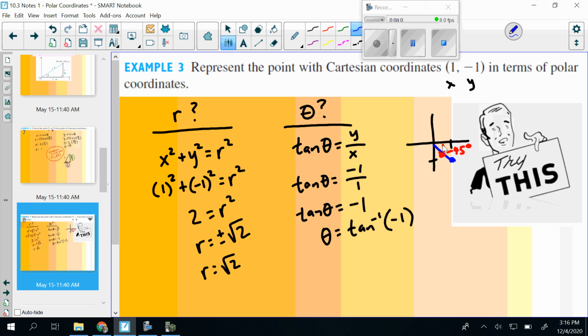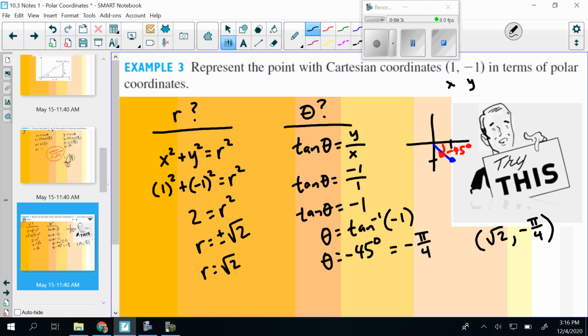And so our angle is -45 degrees, which if we convert into radians would be the same as -pi/4. So some ways we could list that out then. We could list it out as (square root 2, -pi/4) would be one way.